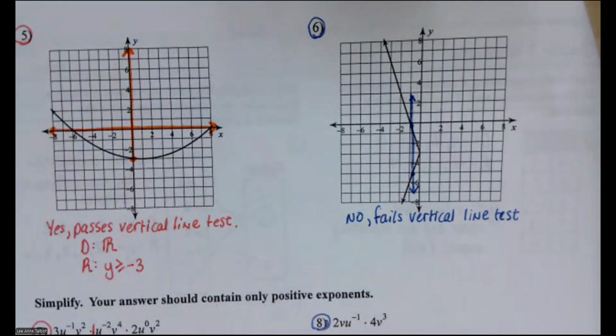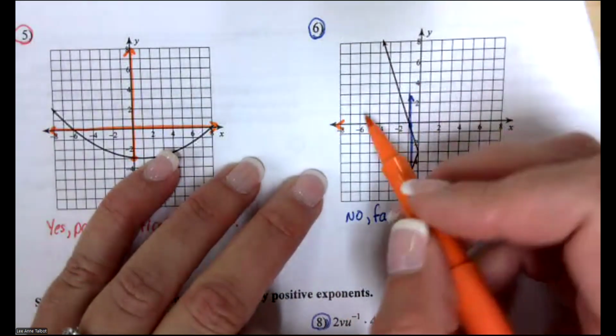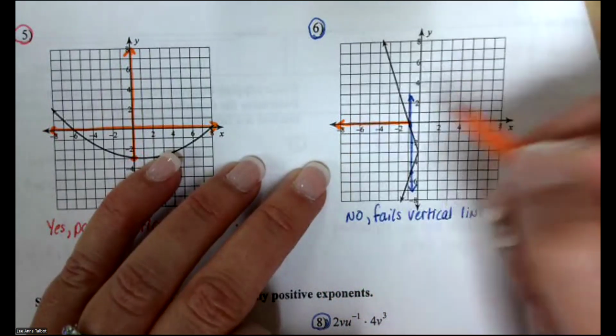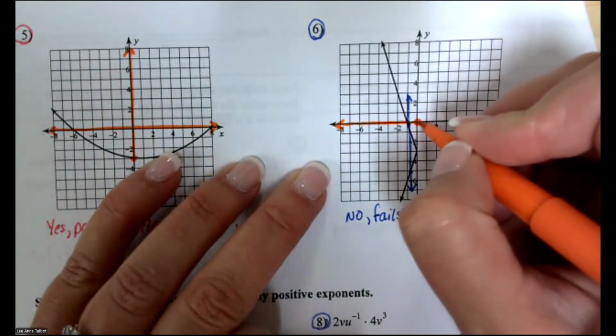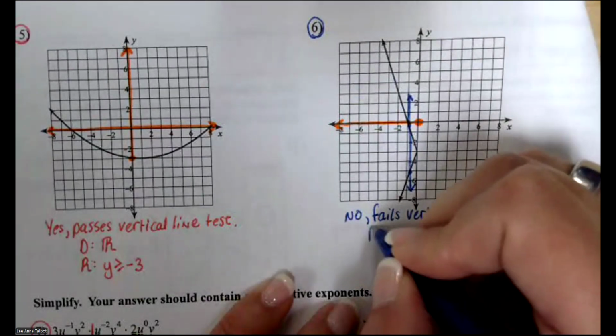Okay, now this one has arrows for sure. I see them. They're going forever to the left, and the graph goes all the way to here. So that is a ray.